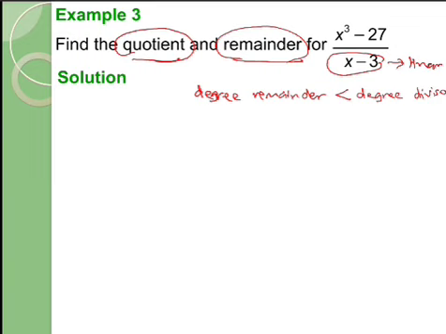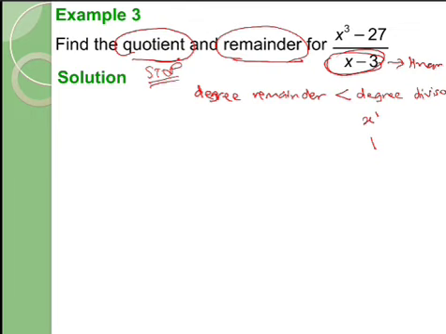Remember the rule of thumb that I have mentioned in example 1. Remember when to stop. You have to stop whenever the degree of the remainder is less than the degree of the divisor. So look at our divisor now. The degree of our divisor, or the highest power of this divisor, is x power 1. So the degree is 1.